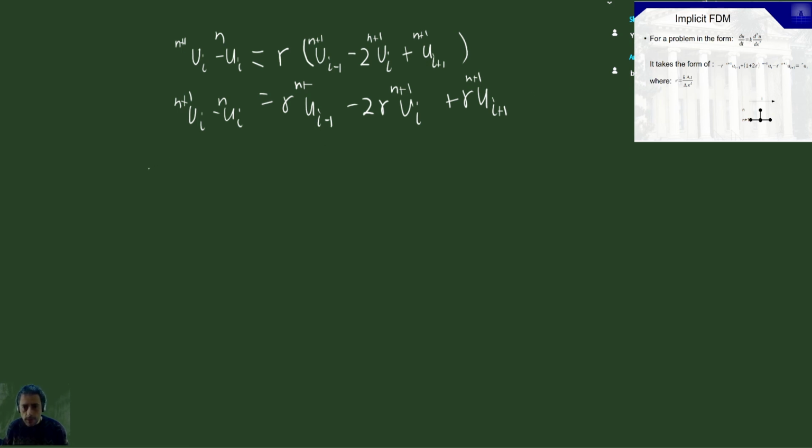So what I end up having is minus r. So this goes on that side, that goes on that side. So everything basically switches location and sign.